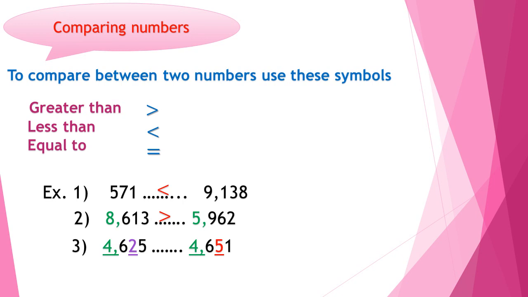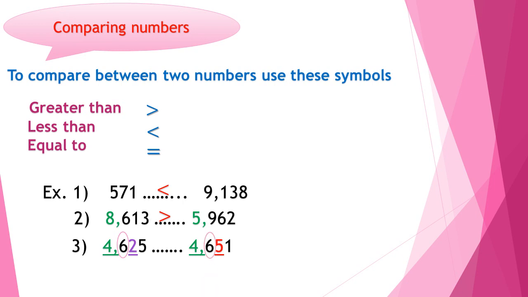Number 3, 4,625 and 4,651. We have here 4 digits, also we have here 4 digits. Okay, then look at the number in thousands. We have here 4 in thousand, also we have here 4 in thousand. Then look at the number in the hundreds place. We have here 6, also we have here 6.